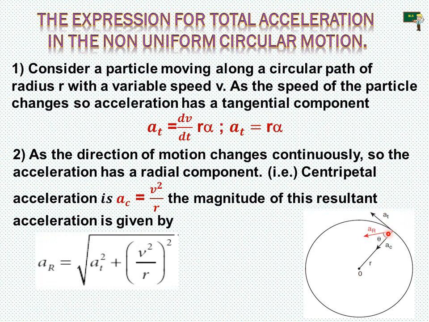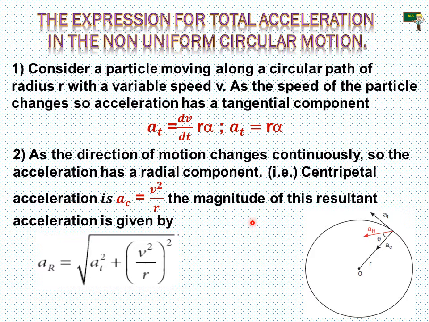As the speed of the particle changes, the acceleration has a tangential component, so a t is equal to dv by dt, which is r alpha, using dv by dt as we know from the earlier equations. As the direction of motion changes continuously, the acceleration has a radial component. The centripetal acceleration a c is equal to v square by r.